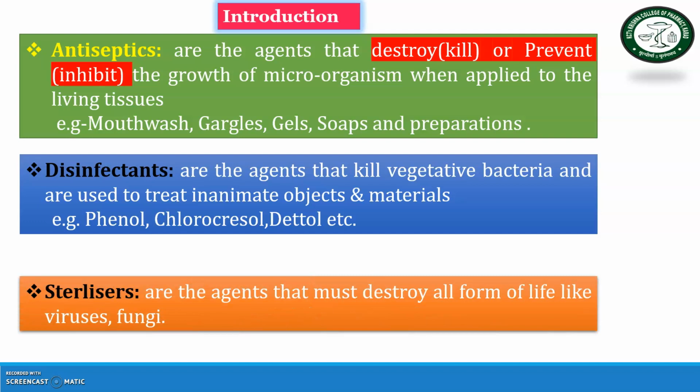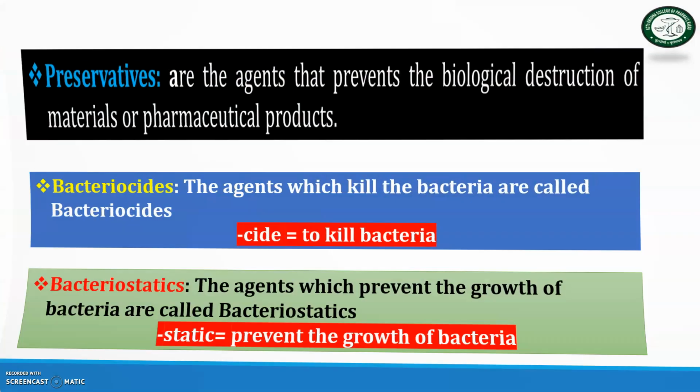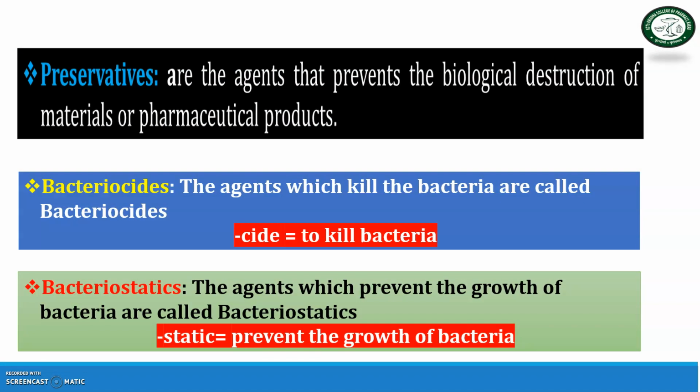Next, what do we mean by sterilization? Sterilizers are the agents which destroy all life. Means the bacteria, viruses or fungi are totally destroyed by using these sterilizers. Next, what are preservatives?